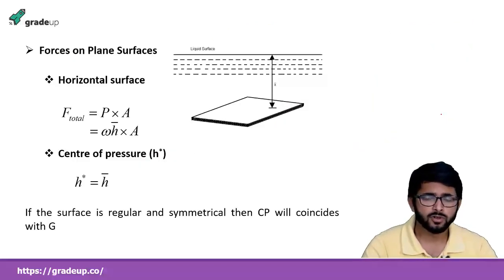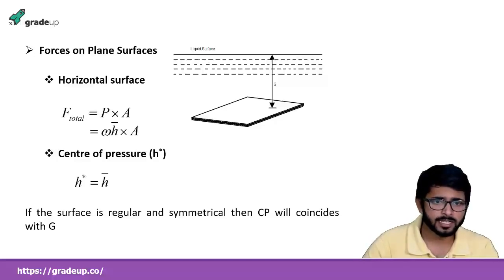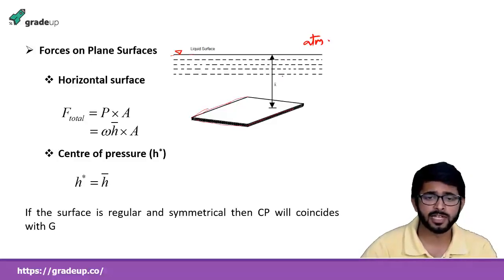Okay, so let's see, first we start with the horizontal plane. Suppose it is a liquid with a free surface open to the atmosphere. It contains a horizontal plane, a horizontal surface, lying below the free surface at a distance x.